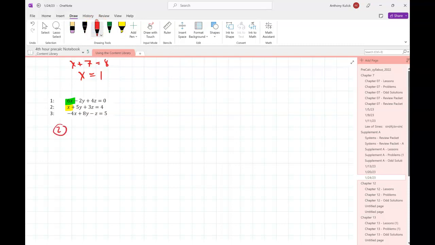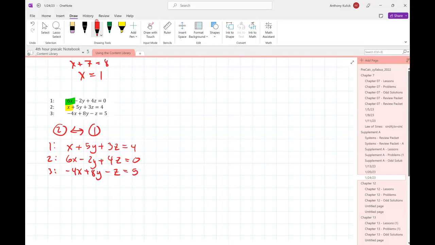So all I'm going to do is swap equations 1 and 2. Everything else stays the same, we've just switched the positions of equations 1 and 2. No big deal there.